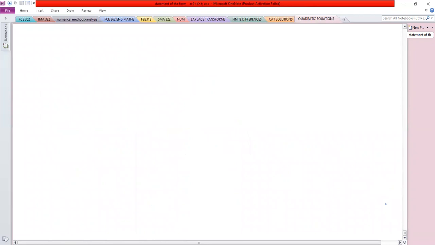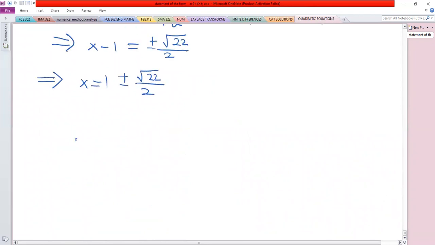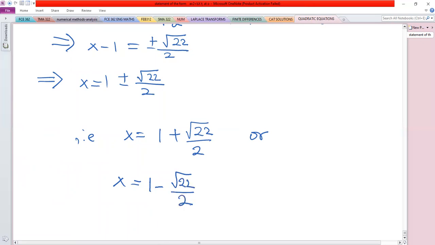So that means that the values of x equals to 1 plus root 22 over 2, or x equals to 1 minus root 22 over 2.